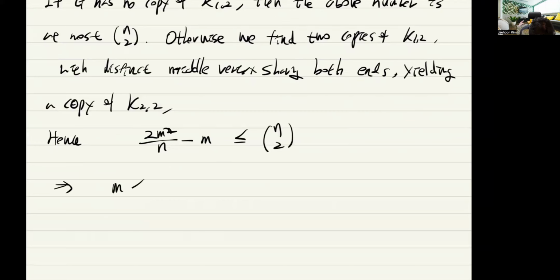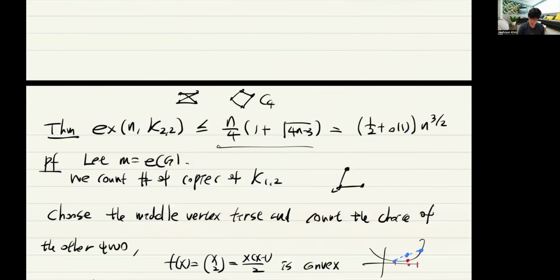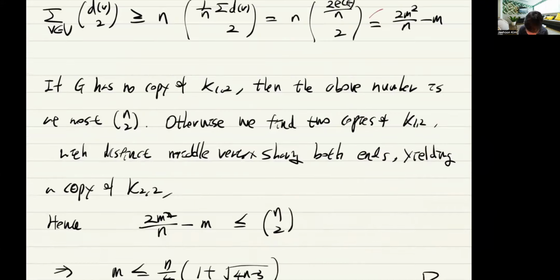And solving this gives this. This is just a quadratic equation in terms of m. You just solve this, and we get this as desired. So we have this number, and it is roughly 1/2 times n^{3/2}.